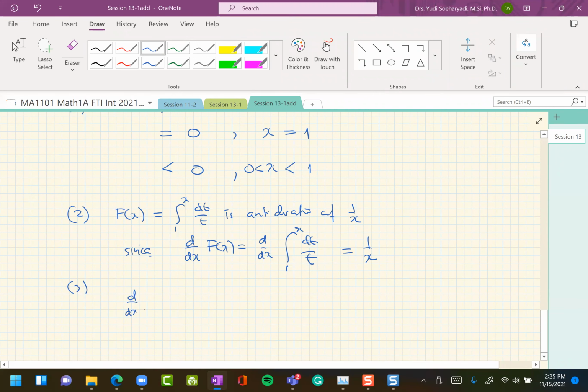If you take the derivative of f of ax, by the chain rule you get 1 over ax, times the derivative of ax, which is just a. And the derivative of this is just, 1 over x times a, so just 1 over x.